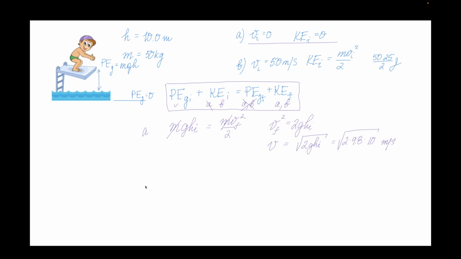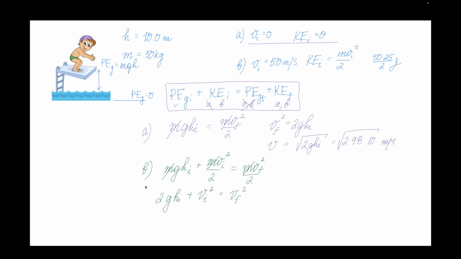This will be A. For B, it's the same beginning. It's mgh initial. But we also have to say that he has initial kinetic energy because he jumps, not just steps off the board, but jumps. And it will be equal to mv final squared over 2. Again, mass can cancel, and I'm going to multiply by 2 to get rid of the denominator, so it will be equal to v final squared.